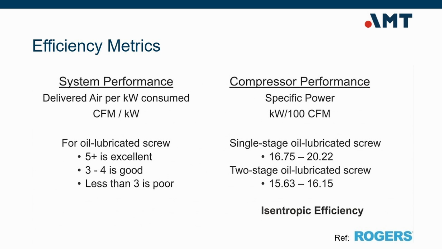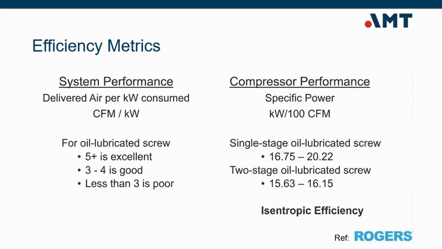On the right side, we look at compressor performance, often expressed as specific power measured in kilowatts per 100 CFM. For example, a single-stage oil-lubricated screw compressor may range roughly from 16.7 to 20 kilowatts per 100 CFM. A two-stage compressor is typically more efficient, around 15.6 to 16 kilowatts per 100 CFM.